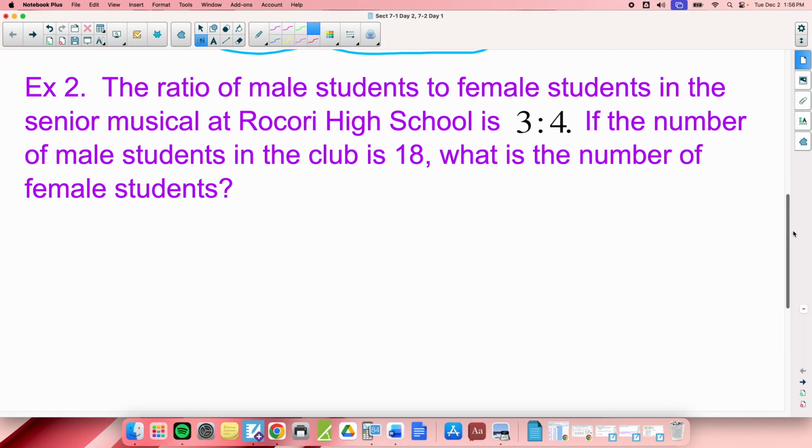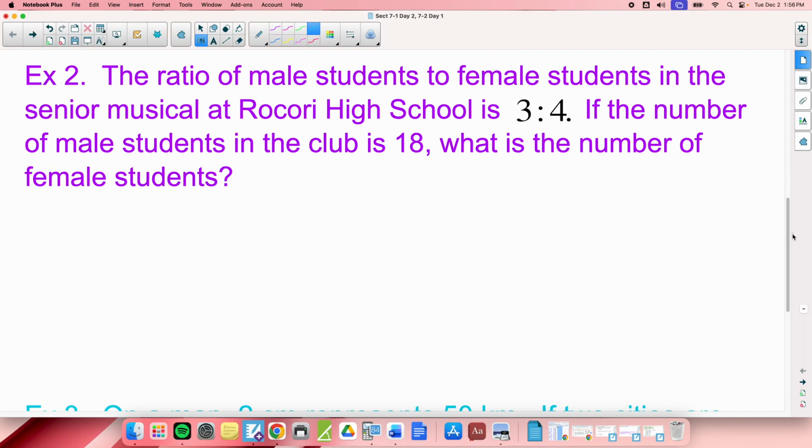All right, this one says the ratio of male students to female students in the senior musical at Rocori High School is 3 to 4. So we have 3 male students for every 4 female students.